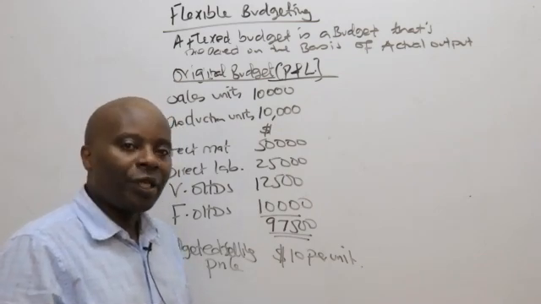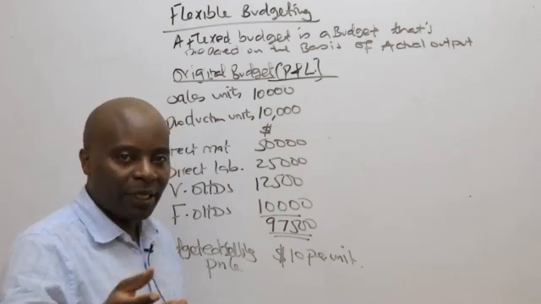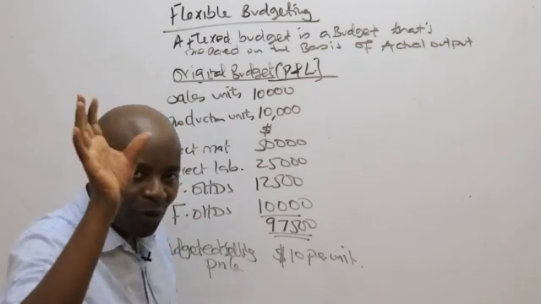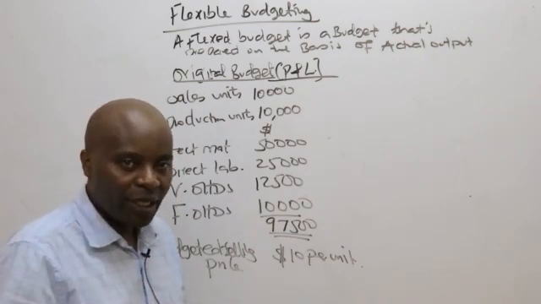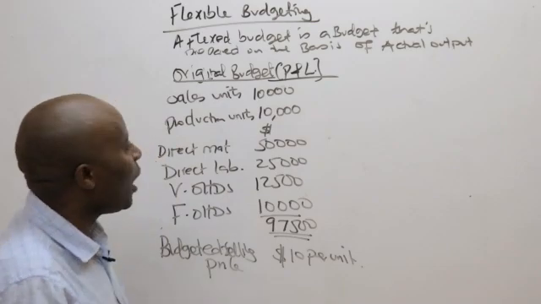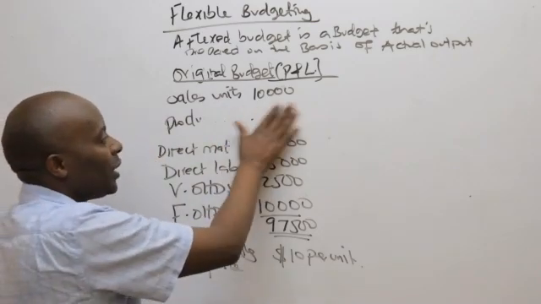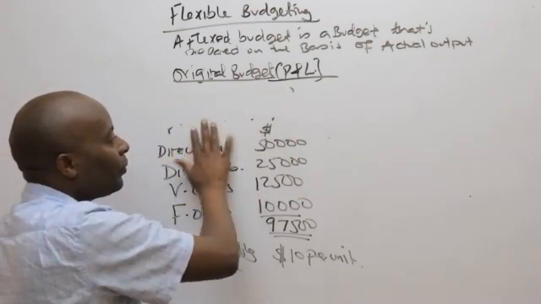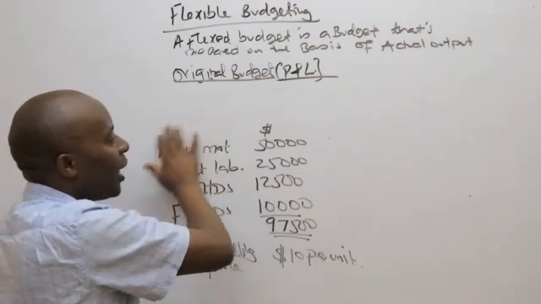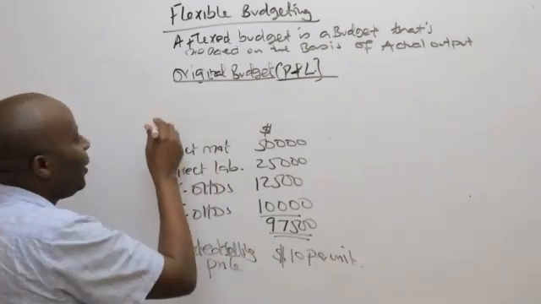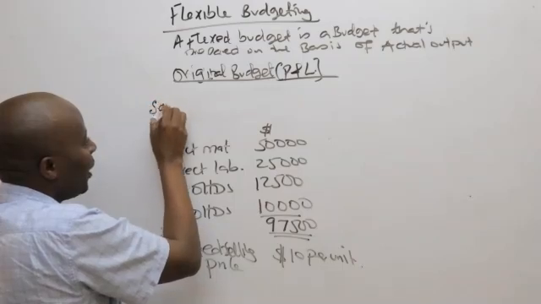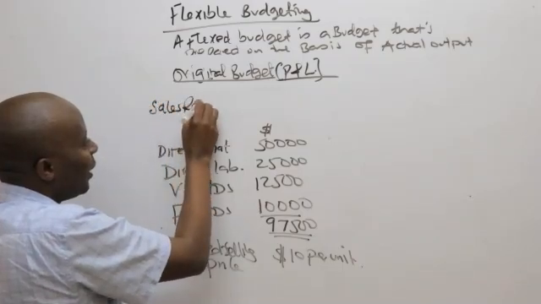So how do we get to do our profit statement? We normally take revenue minus cost. And if you allow me, I would want to delete these two things here, and then I will come and fix the sales revenue.